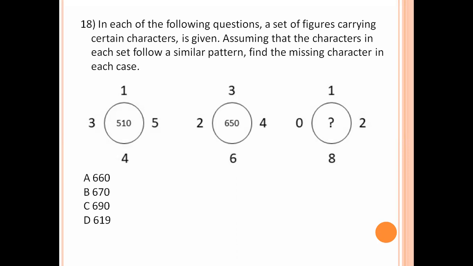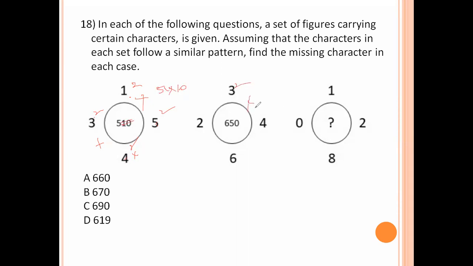Find the missing character in each case. 1, 5, 4, 3: suppose we square these. 1 square plus 5 square plus 4 square plus 3 square. 5 square is 25, 4 square is 16. 25 plus 16 is 41, 41 plus 9 is 50, plus 1 is 51, into 10 gives this value.